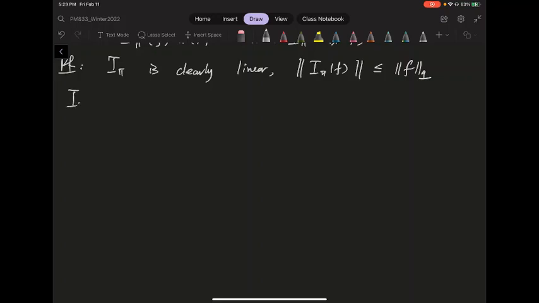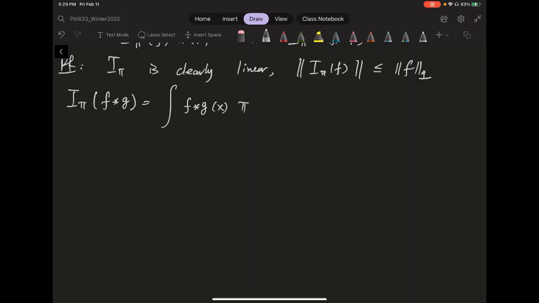So if I want to evaluate I pi of f with g, let's just write it as an operator valued integral. Technically, you should write it by taking the inner product with u and v and double checking, but it doesn't really matter. So let's just pretend we are integrating a bunch of operators.